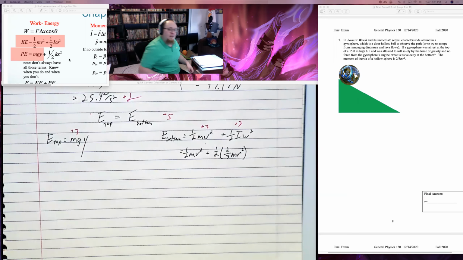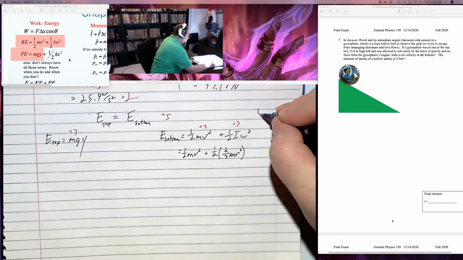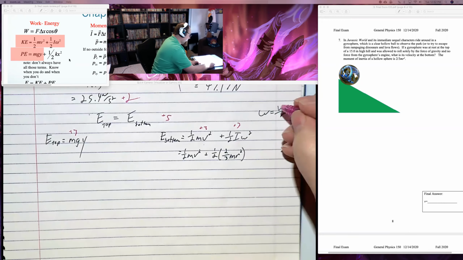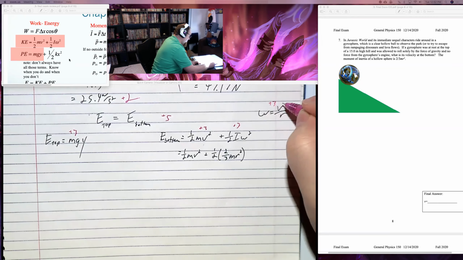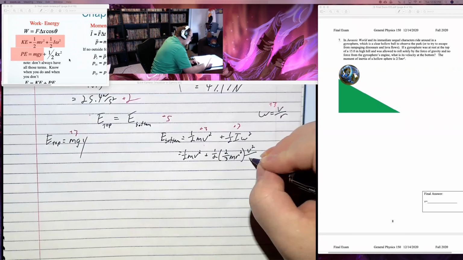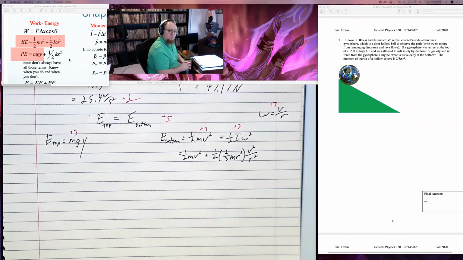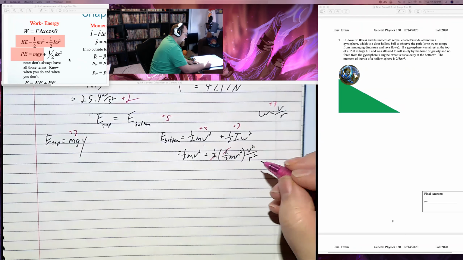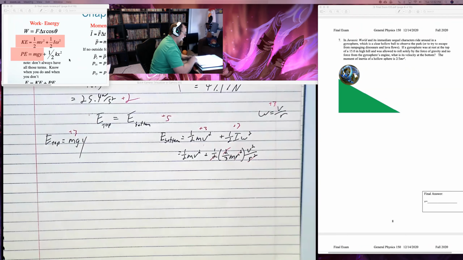And omega, anytime something's rolling, there is a relationship between the speed it spins and the speed it moves. That relationship is that omega is V over R. And so if it's omega squared, I can say it's the same as V squared over R squared. This allows some 2's to cancel out. This allows some R squares to cancel out.